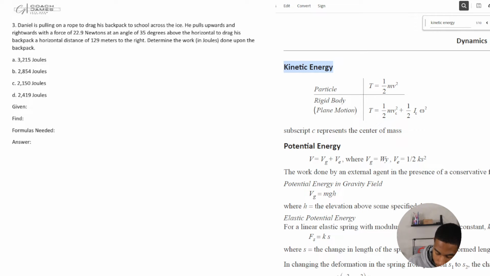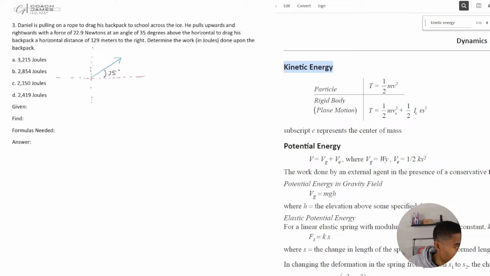So if I just draw that, because it's a lot to unpack. Daniel's pulling this way, right? Here, I'll just draw my X and Y axis. So he's pulling upwards and rightwards with a force of 22.9 newtons. So I know that this angle is 35 degrees.